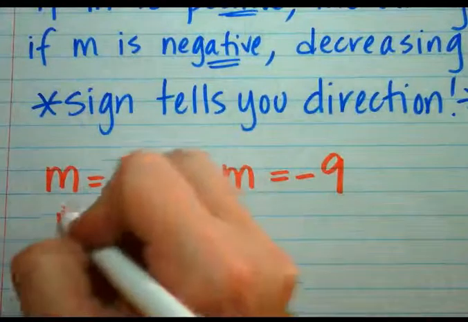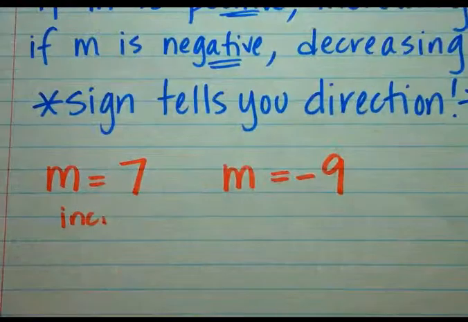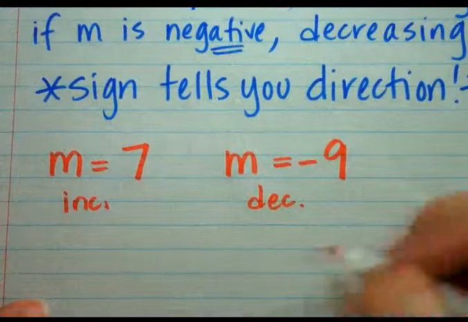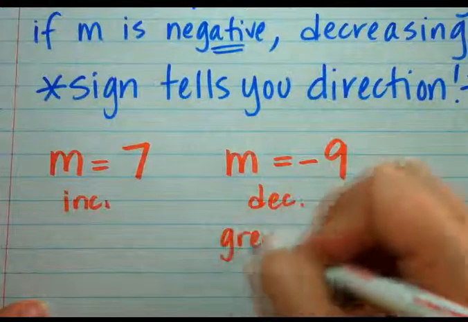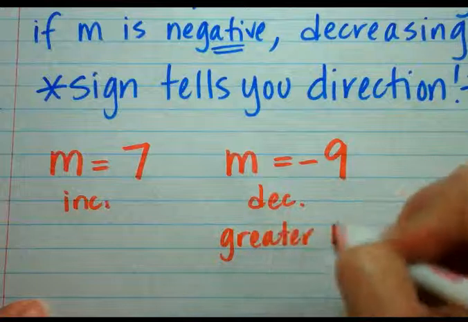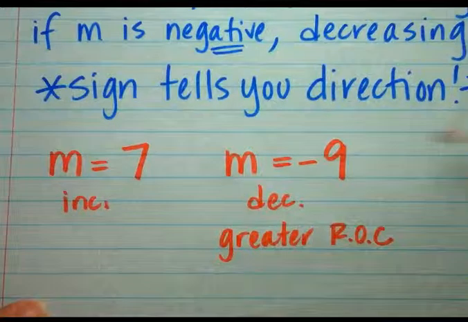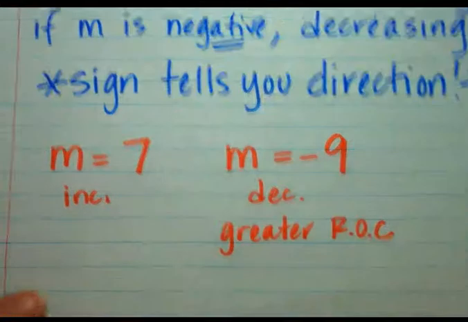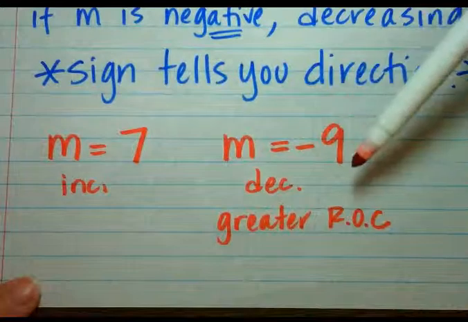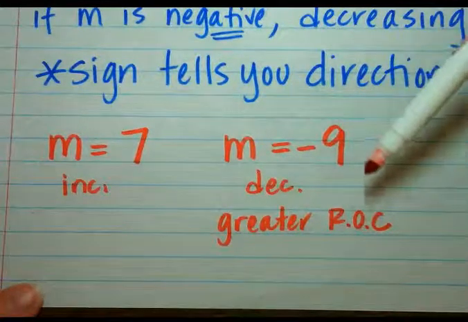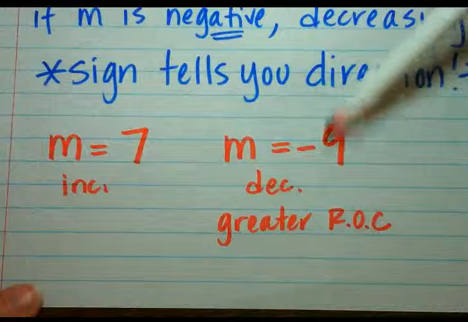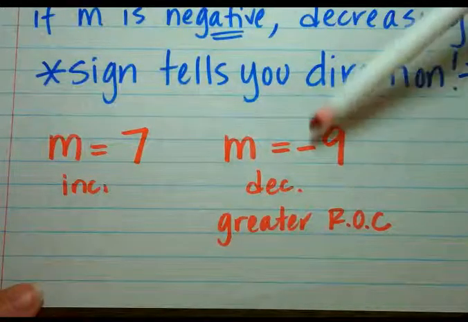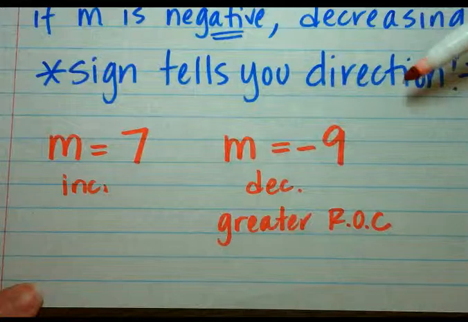This one is increasing. This one is decreasing. But this one is the greater rate of change because 9 is larger than 7. So even though this one is decreasing, it's still the greater rate of change because the number, the value, tells you the strength. The sign tells you the direction.